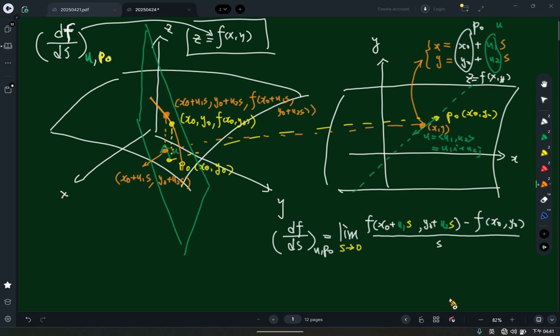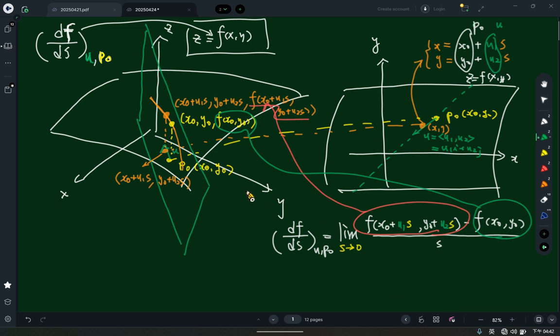So if you use this minus this, did you notice that this is the height for this one, and this is the height for this one? So we are trying to get the difference. The difference for f over the difference for s, and we take the limit as s approaches 0. You can notice that actually it's just talking about the tangent line, right?